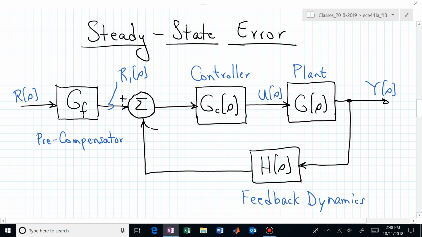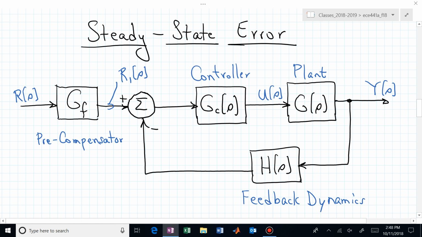This G sub F is then a gain or even a transfer function that's going to adjust the reference input signal even before that signal's value gets compared with the output, filtered output, where the output is filtered through H of s.